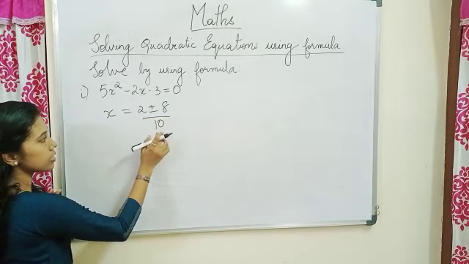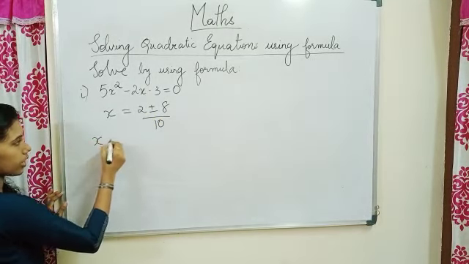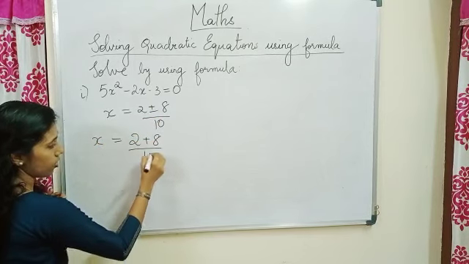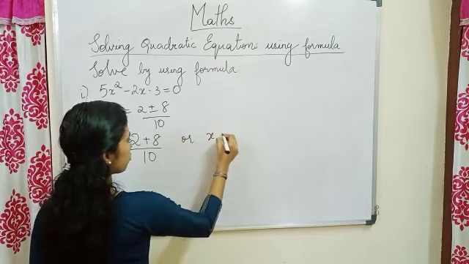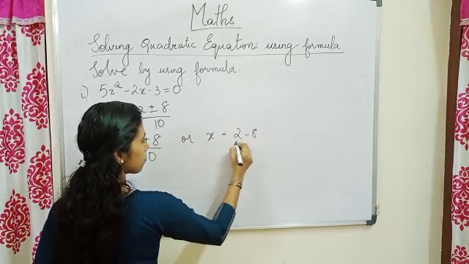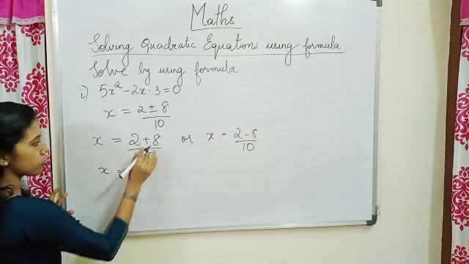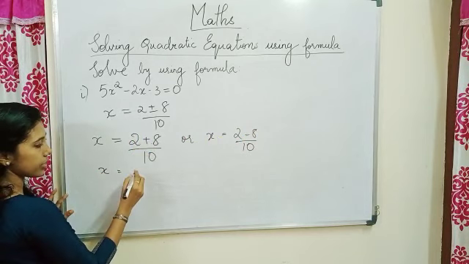Then we can split it and write as x is equal to 2 plus 8 by 10, or x is equal to 2 minus 8 by 10. Here we get x is equal to 2 plus 8 is 10, 10 by 10 will be 1.